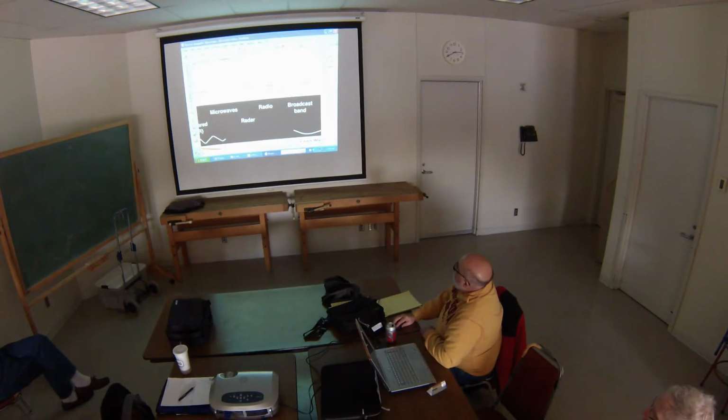They're all down in here, and there's 1 meter, but longer than that, down to 80 meters. Broadcast band down, whatever that is, 200 meters maybe? 300? 200, 300 somewhere, yeah.